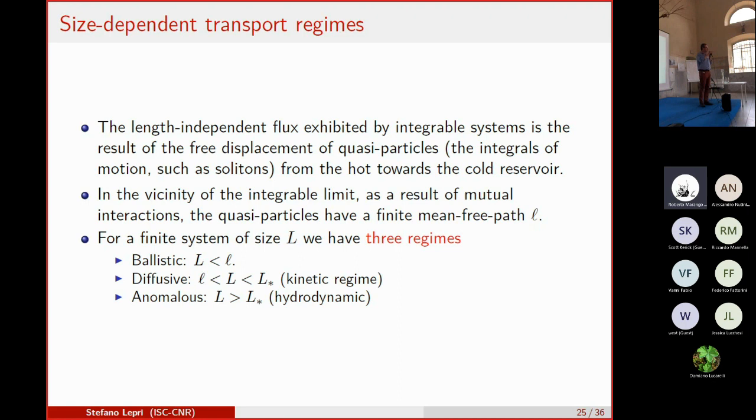It's like the usual kinetic theory: when you start from the Boltzmann equation, you go towards Navier-Stokes. So you have three regimes. The kinetic regime, in which you establish your equilibrium. Then you have the hydrodynamic regime, in which large fluctuations slowly relax to equilibrium. So the idea is that you need to exceed this L star, this typical size, in order to enter this anomalous regime. So you have three possible regimes depending on the size.